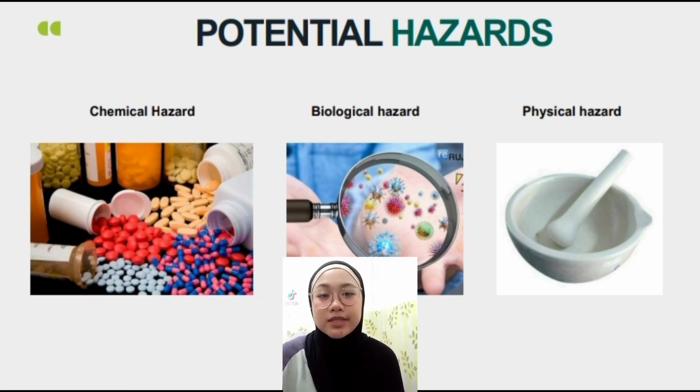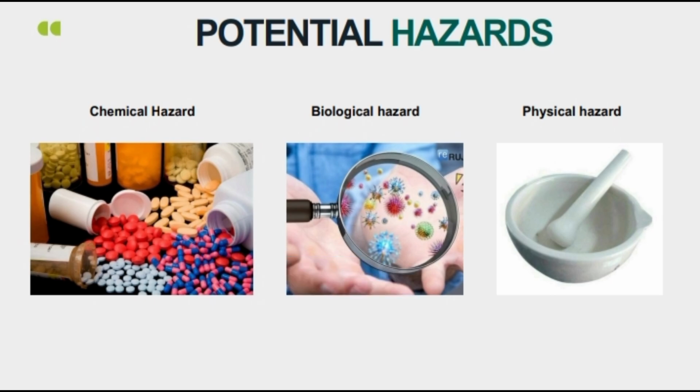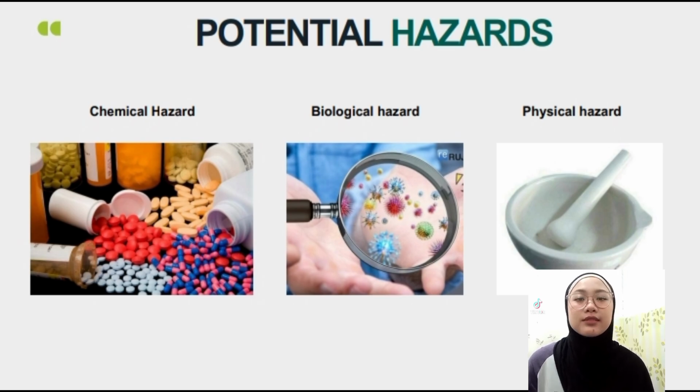And the next hazard is biological hazard. This can occur when we handle compounding tools or surrounding objects that are dirty and have not been properly cleaned. The last is physical hazard, which may be caused by broken or damaged compounding equipment that can potentially injure our hands.